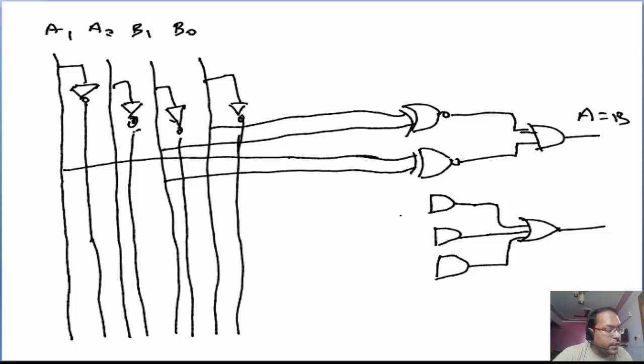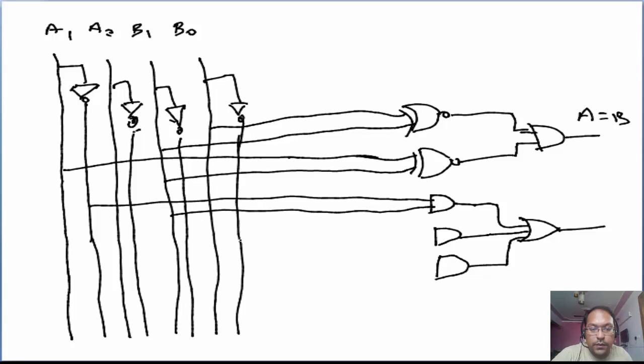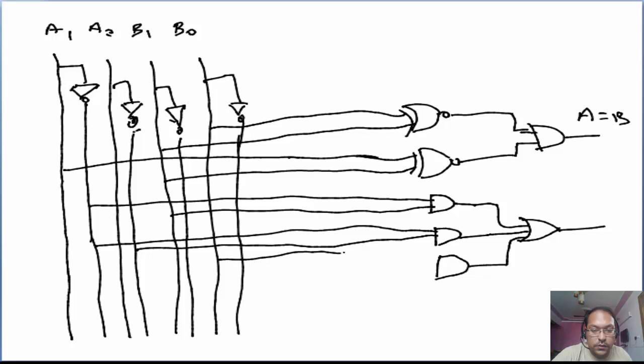Okay, so the first AND gate is A1 bar B1. Then the second term is A1 bar A0 bar into B0.